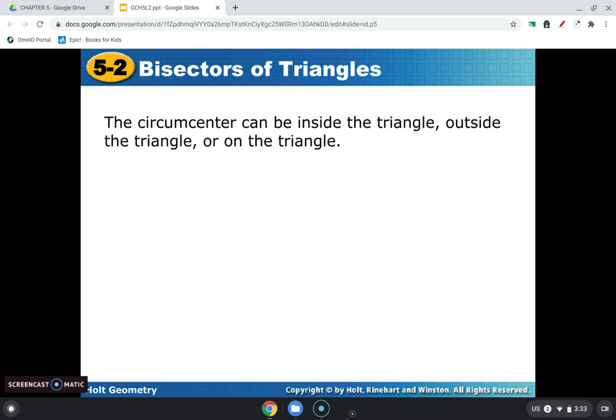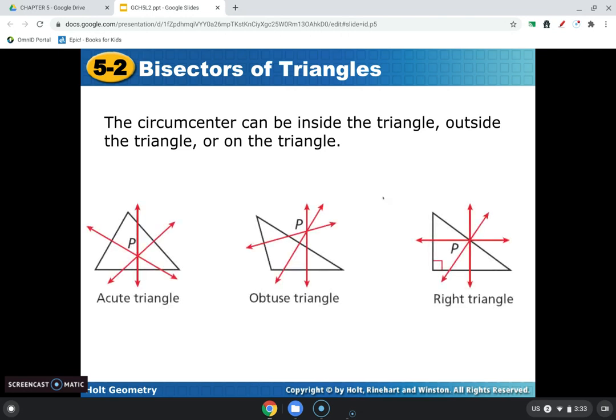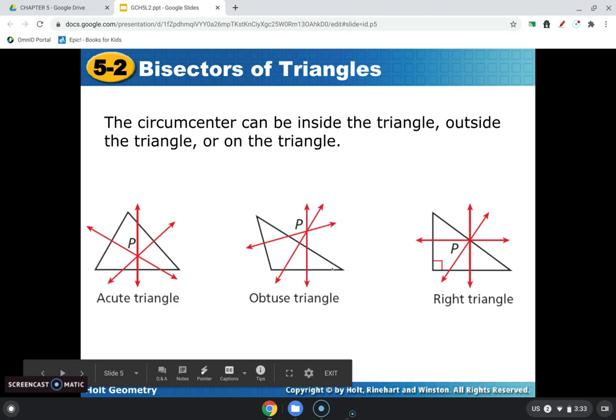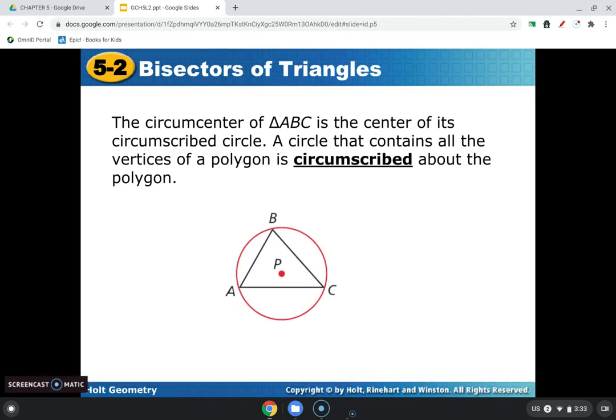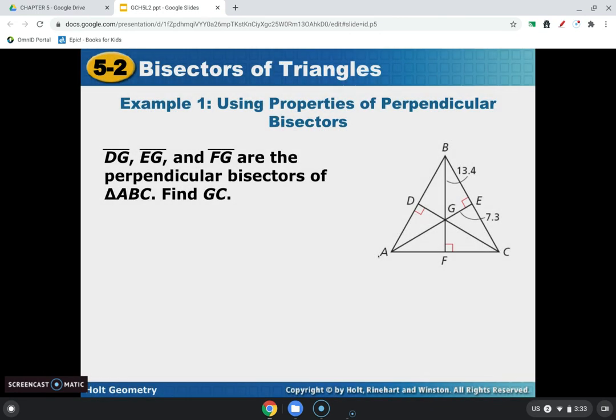The circumcenter can be inside, outside, or on the triangle. We're really going to focus on right triangles in a minute, but the circumcenter is the center of a circumscribed circle. The circle that contains all the vertices is circumscribed about the polygon. So the center of the circle is the same spot where the circumcenter of the triangle is.